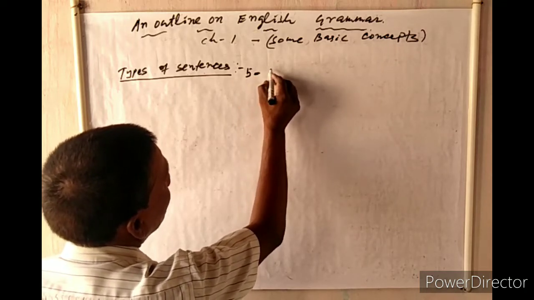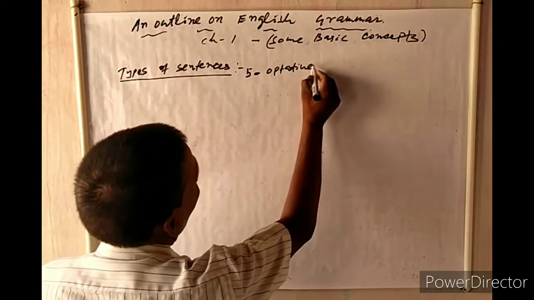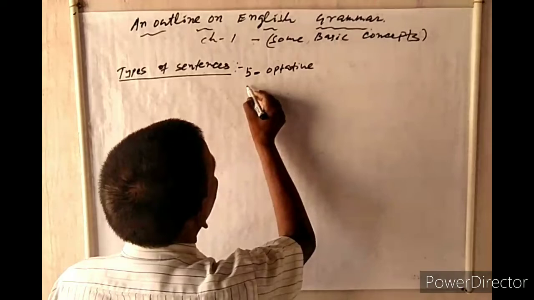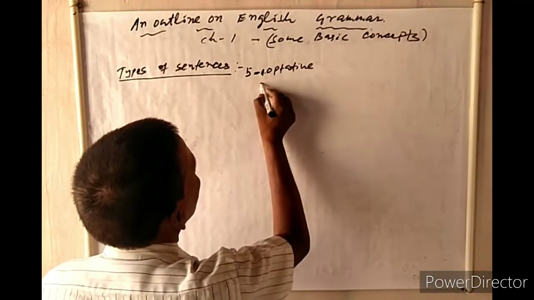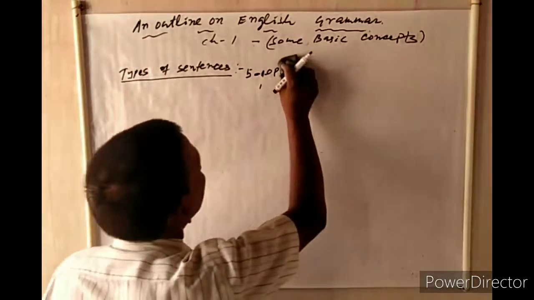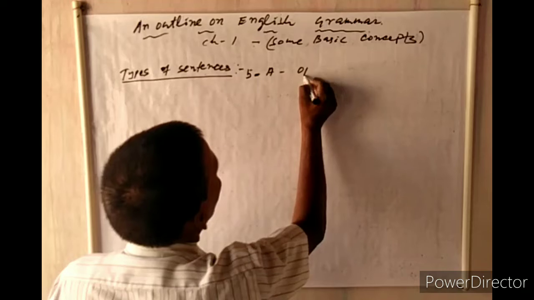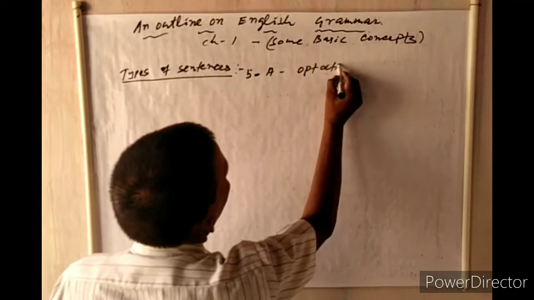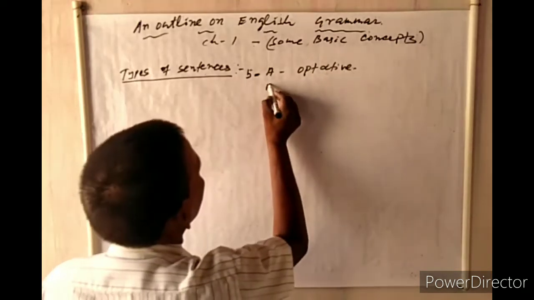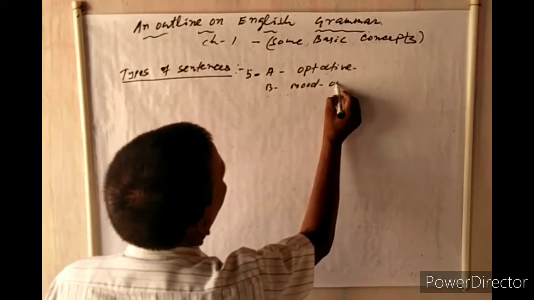Meaning wise it was optative. It was point A, that is meaning wise optative. Mood also optative.